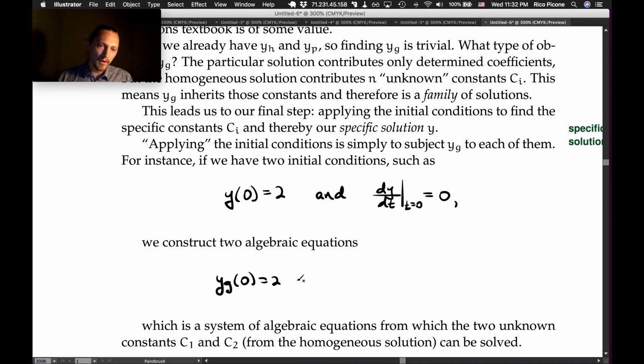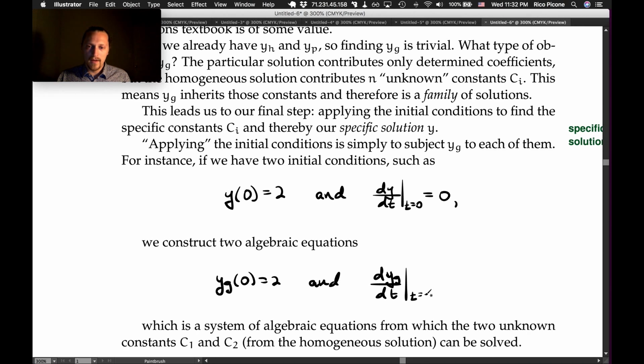That gives us one algebraic equation. And if we apply the other initial condition, which was dy/dt, so yg now, we use the general solution. We apply this initial condition to the general solution.